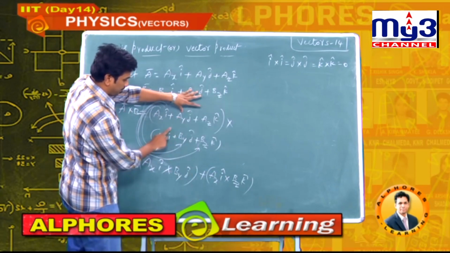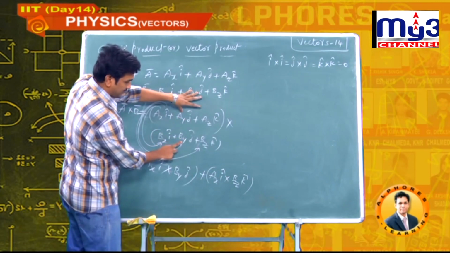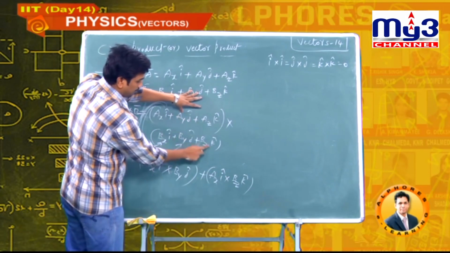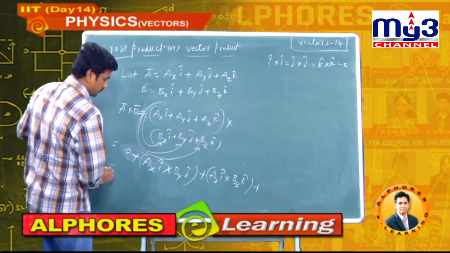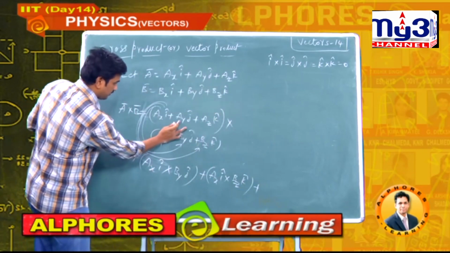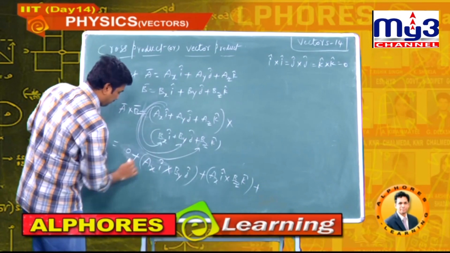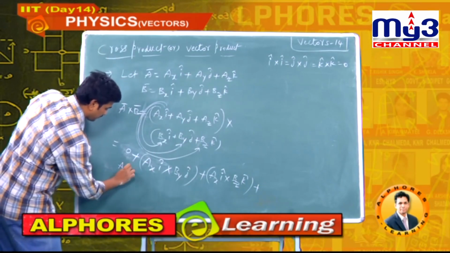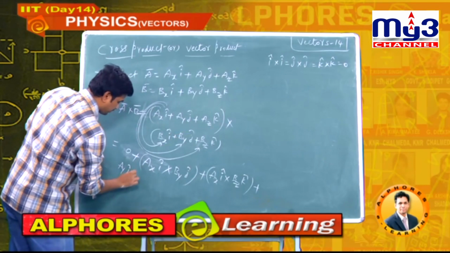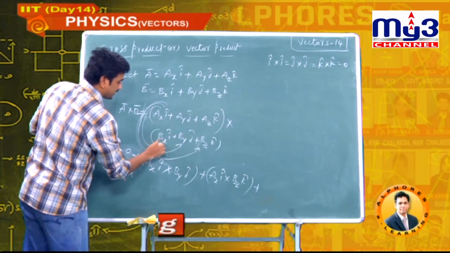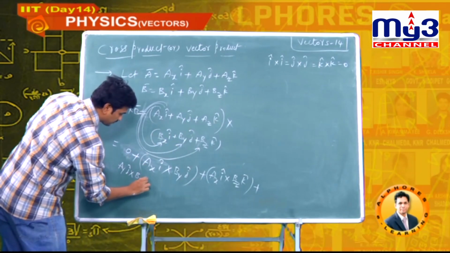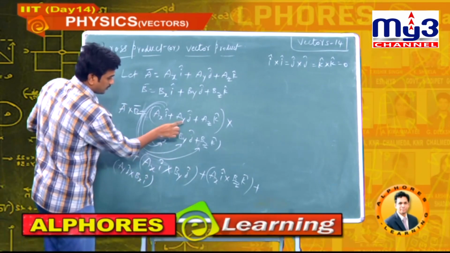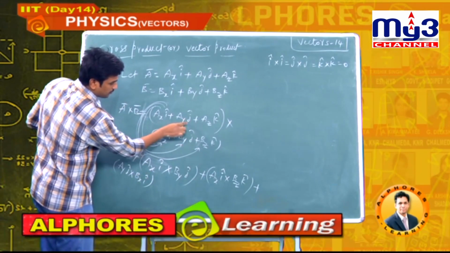AY BX i cap, AY j cap BY j cap, AY j cap BZ k cap, plus same thing: AY j cap cross BX i cap. First one, BX i cap. Next, j cross j is 0.